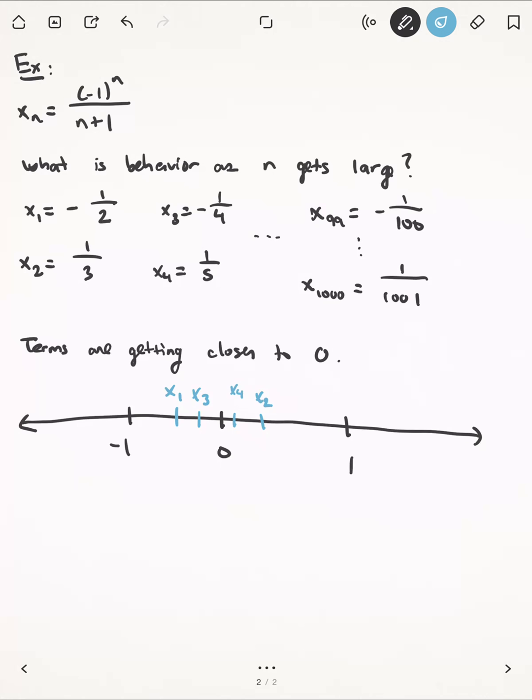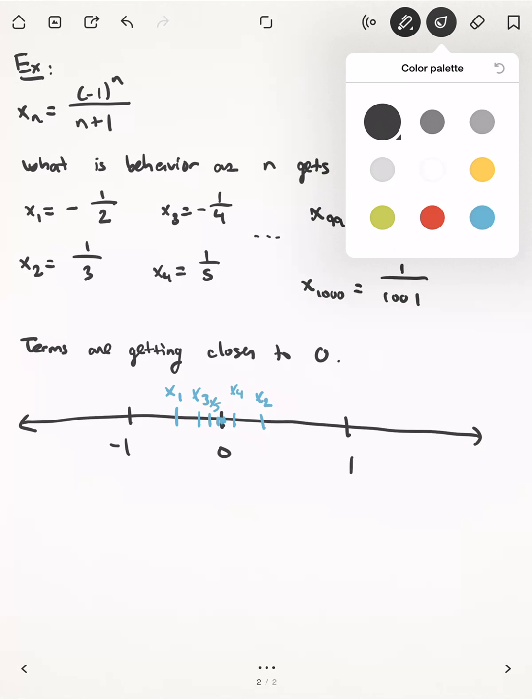It would be -1/6, so it would be somewhere over here. And as you keep increasing this, all the terms are going to start bouncing above and below 0, and it looks like all the terms are heading towards 0.